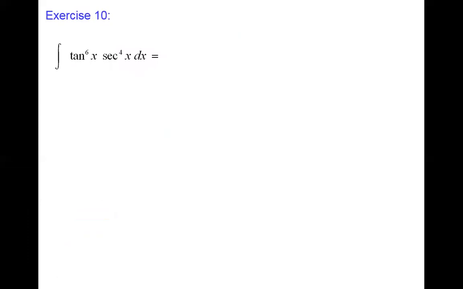Tangent to the power of 6 of x and secant to the power of 4. We know that we will use the u substitution, u will be tangent of x. That means I will change this secant to the power of 4 into 2 plus 2. Okay, we can see 2 and 2, the powers. And I will save this one for my du, because the derivative of tangent is secant squared of x. That means I'm not touching this box.